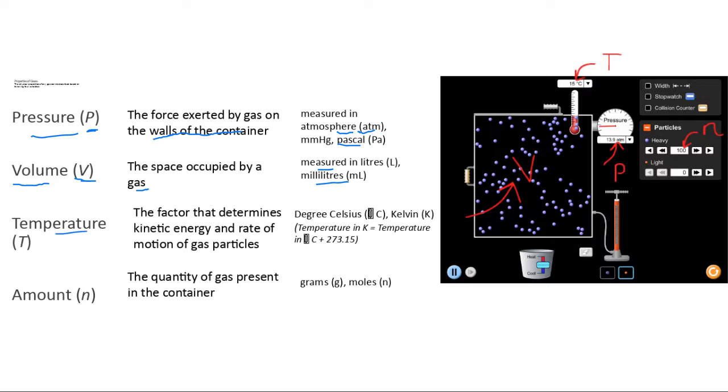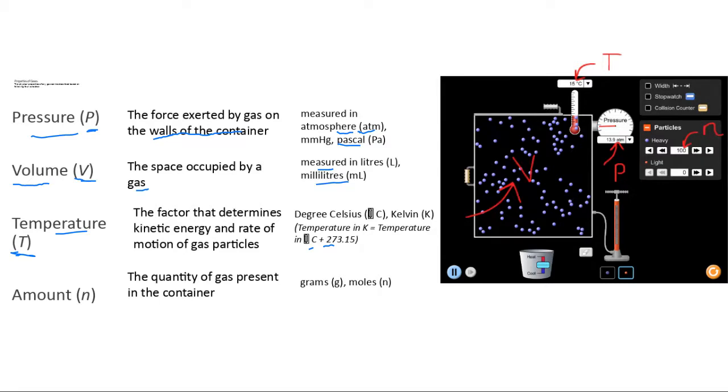The temperature, which is given the letter T, is the factor that determines the kinetic energy, the movement of the particles, and the rate of motion of the gas particles. We are going to use 2 units for the temperature: degrees Celsius or Kelvin. The Kelvin is equal to the Celsius plus 273.15.